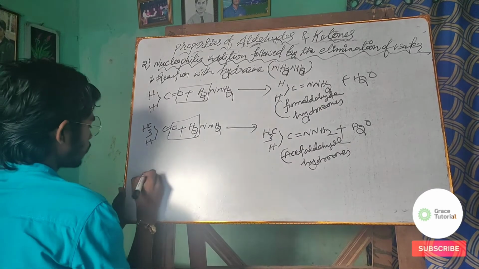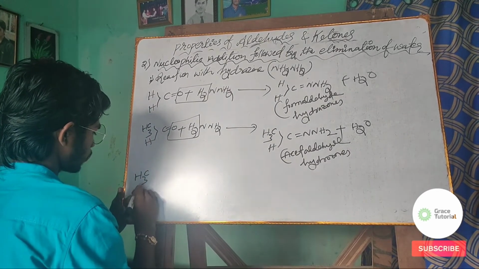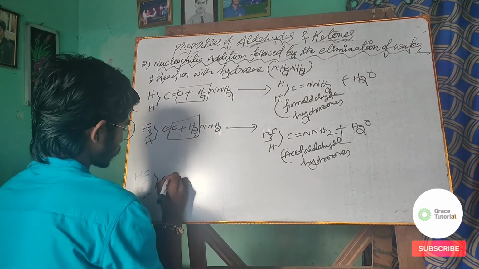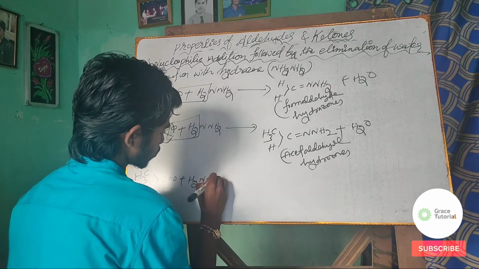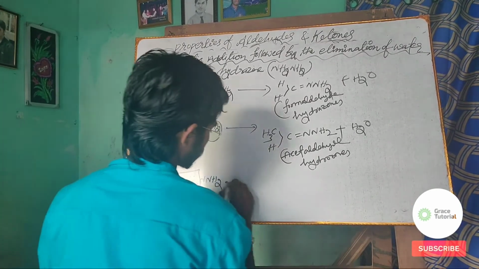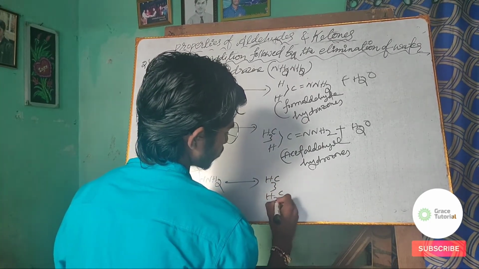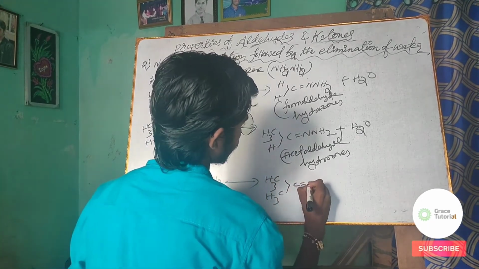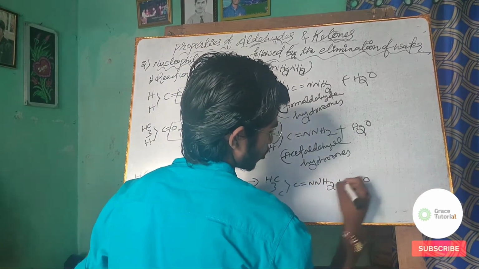Similarly, if you react with acetone, water is removed from here, and it gives CH3 C double bond NNH2. Finally, water is removed from here.